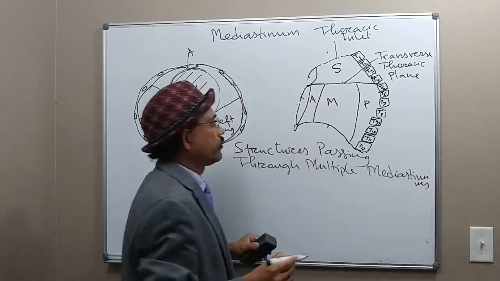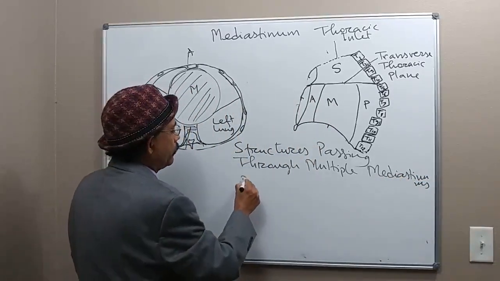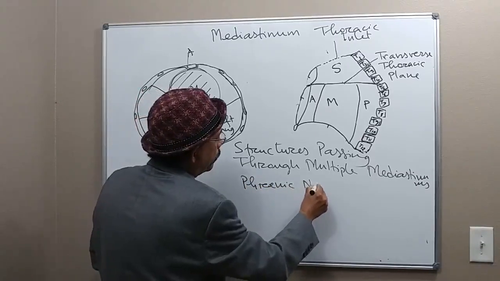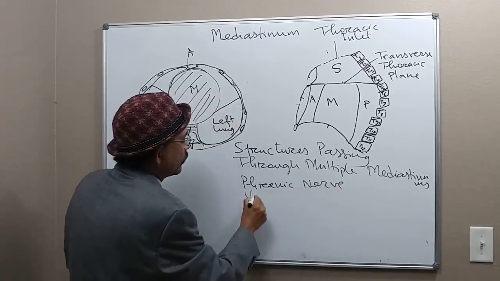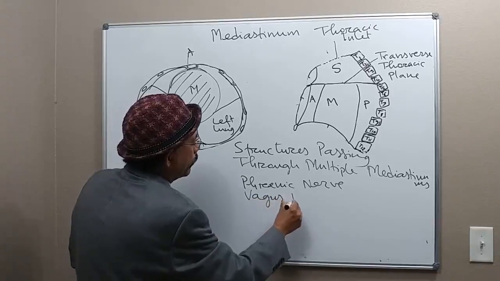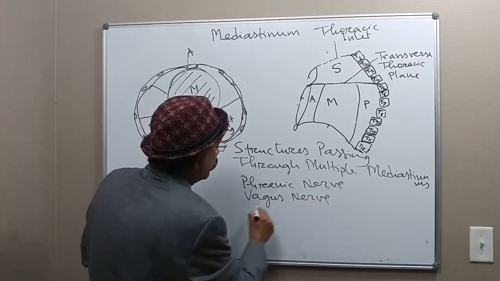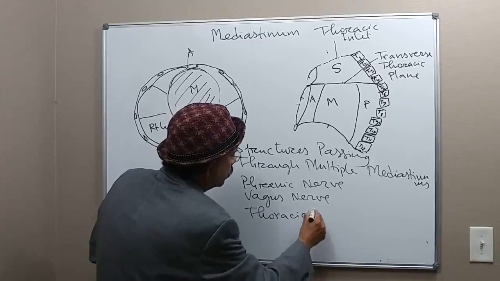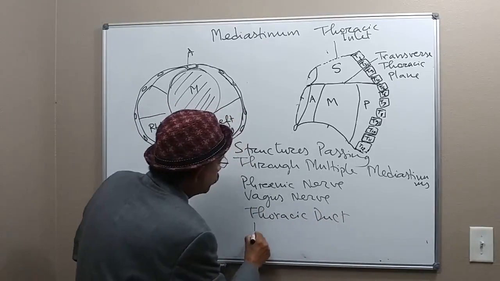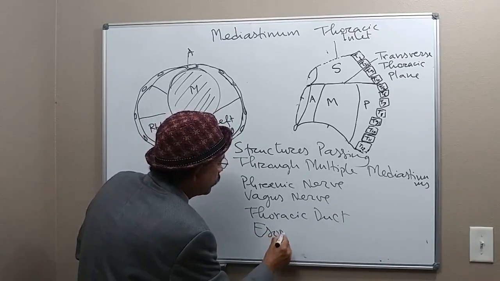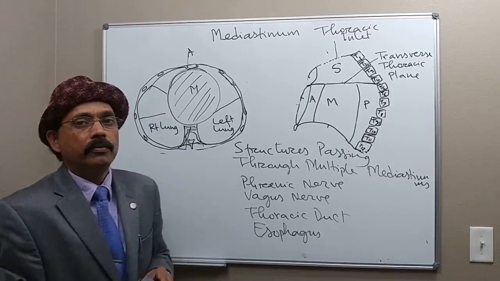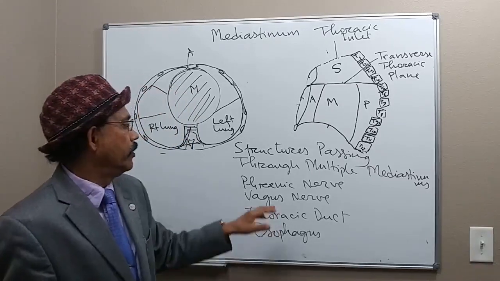What are the structures? Like phrenic nerve, vagus nerve, thoracic duct, esophagus. So they pass through multiple mediastinums.